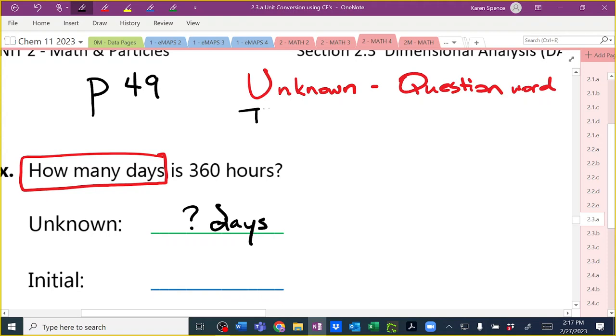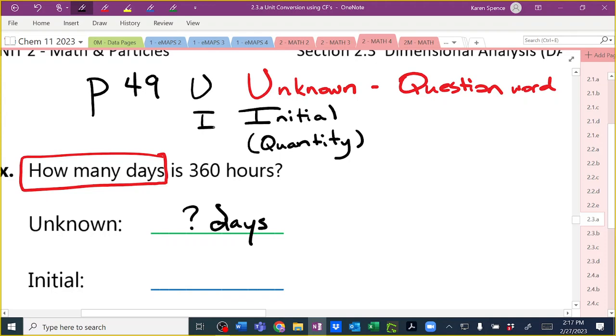Our initial quantity we're going to represent with the letter I. So we have a U, we have an I. Okay, the initial quantity will be given to you in the question and it will be connected in the sentence to the unknown.